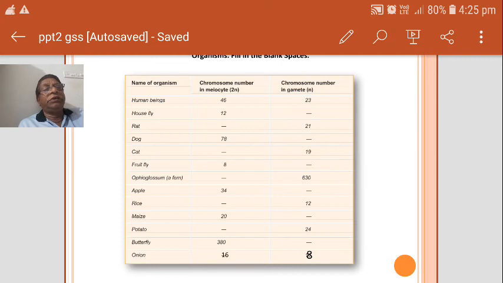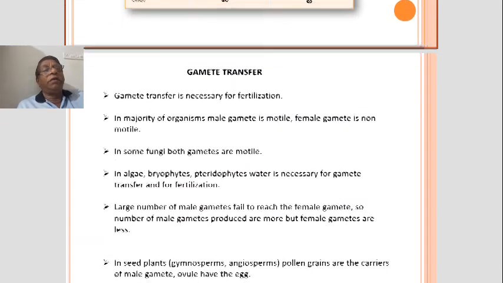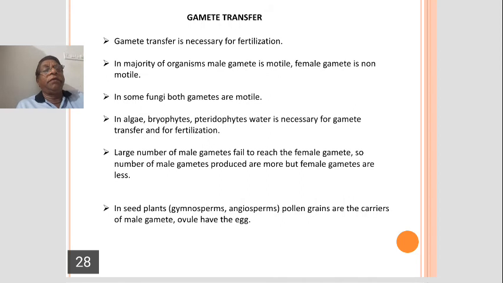Next we shall see gamete transfer. Now, pre-fertilization events include gametogenesis and gamete transfer.